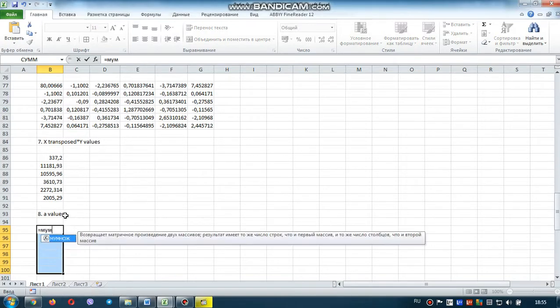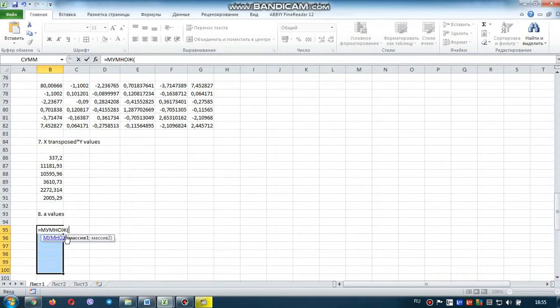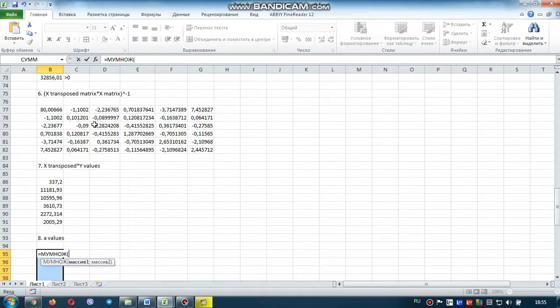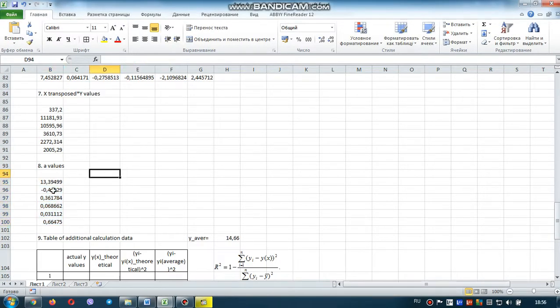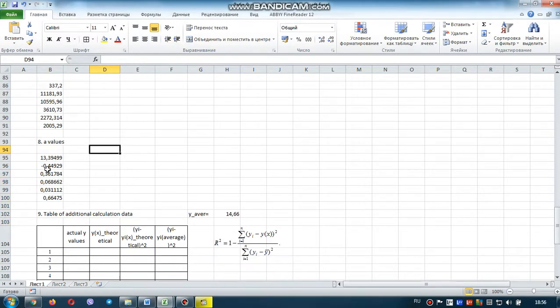Умножь, x transposed by y, F2, and Ctrl-Shift-Enter. So we have already obtained the A values.